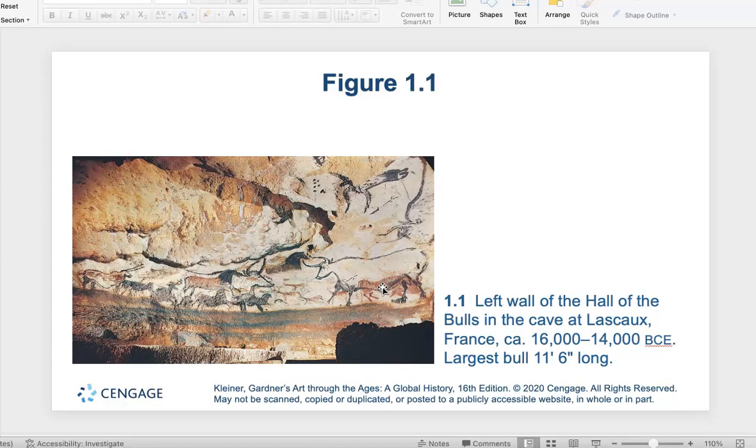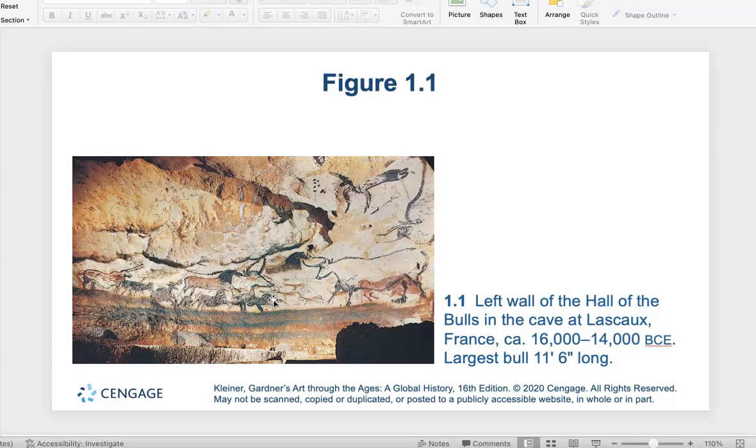And of course, while they were there making this art, they also needed some kind of light source to illuminate the walls so they could see what they were doing. And on top of that, they needed to take their stuff with them, their art supplies, whatever materials they used to make these pictures.